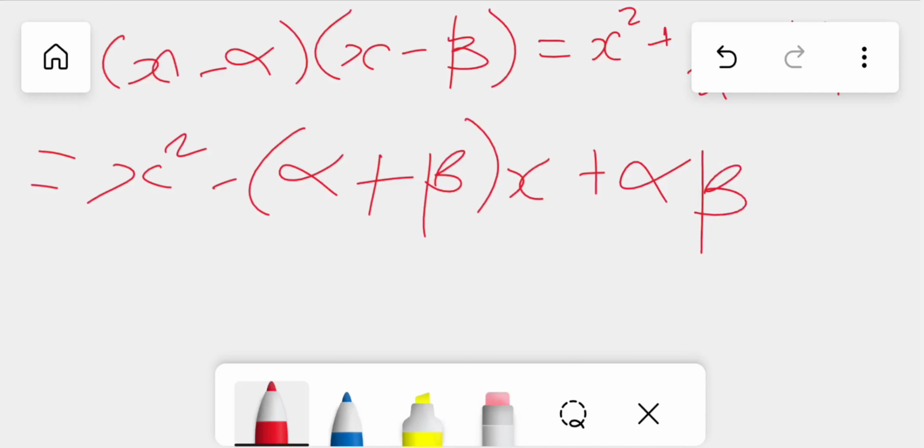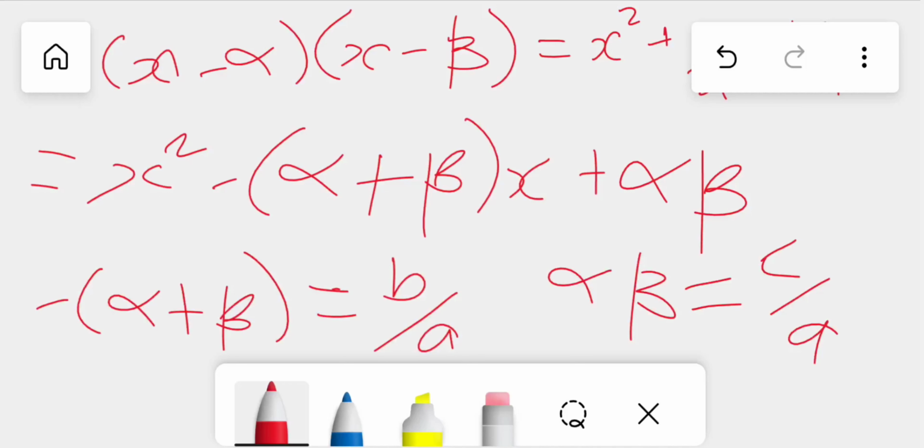These are the alpha and beta terms, and we're going to arrange them according to their corresponding side on the right hand side. By doing this, we find the properties we're going to use in solving the given quadratic equation.